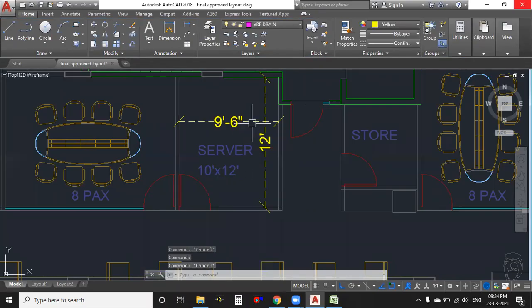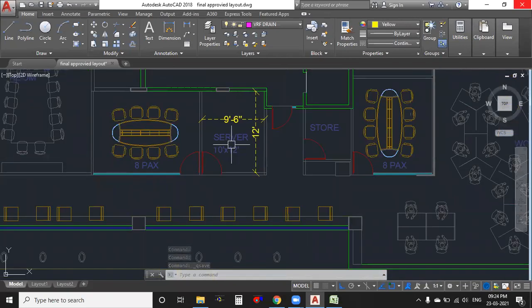But when I measured, it's not matching. Then which one do I have to calculate, which one do I have to check? These things we have to clarify with our architect.